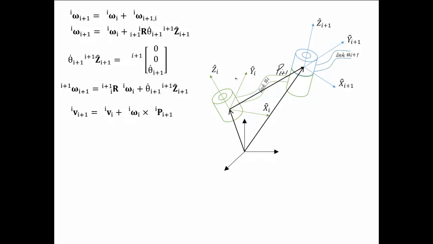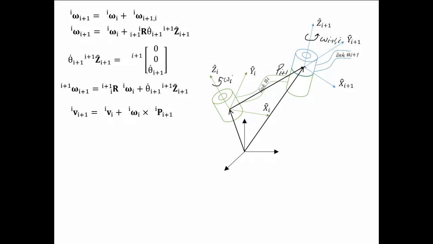So this link has some angular velocity, which in this case is omega i, or maybe you can simply say it's omega_{i+1}. So we will not try to show it here. The rotation of this link with this length will have an impact on the linear velocity of this point.